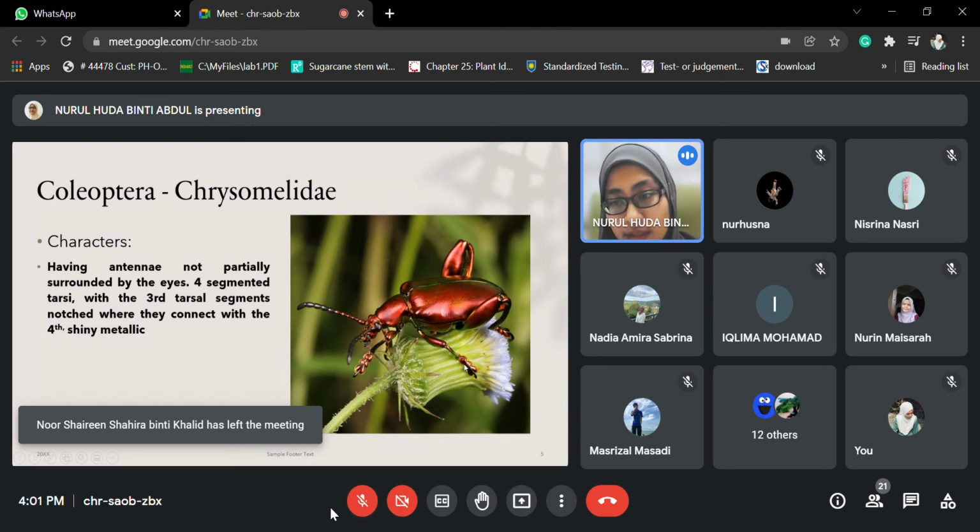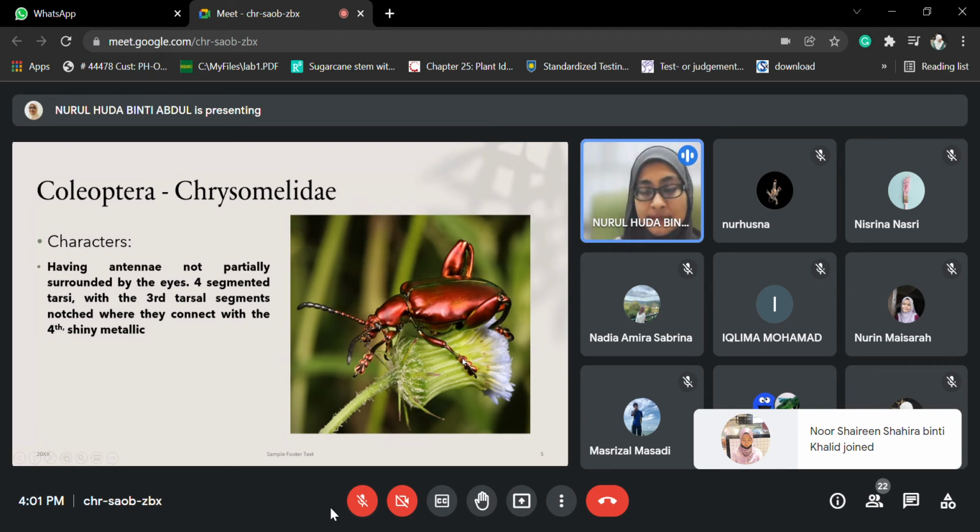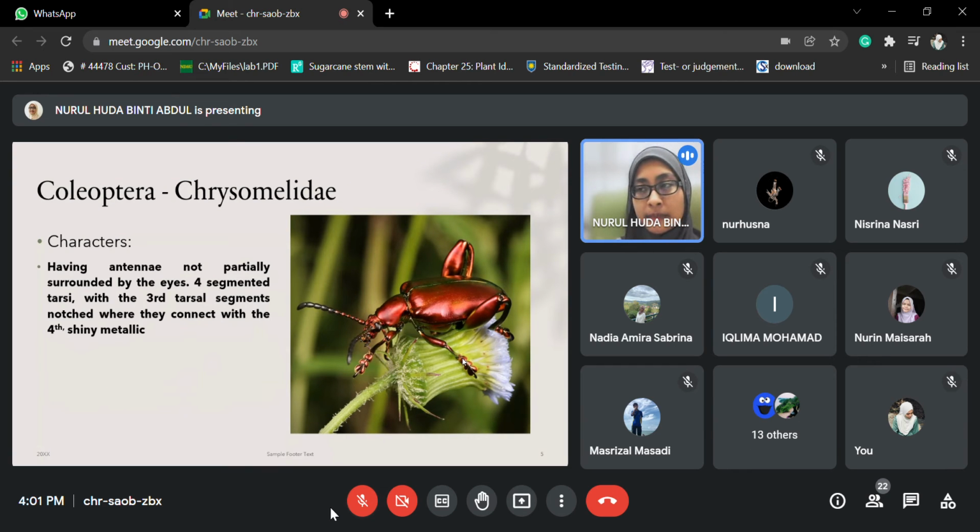But the third one yang bersambung dengan tibia ni, it's a fourth one, okay. So fourth dengan third tu sebenarnya dia nampak bersambung. It's just ada a bit notch ataupun nampak macam if you look under the microscope, of course macam ni tak nampak. You can only see 3, okay.